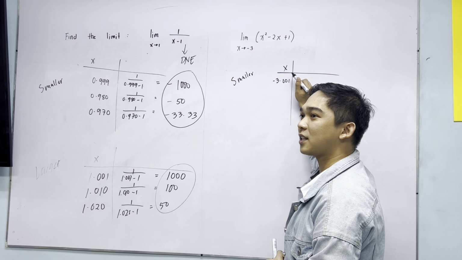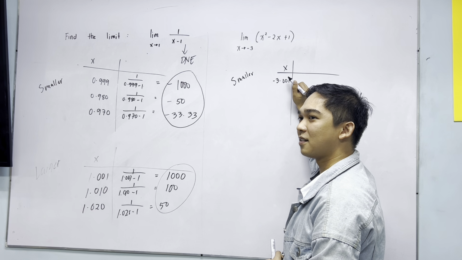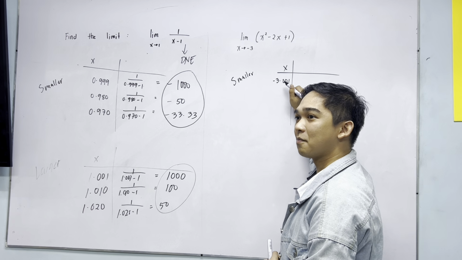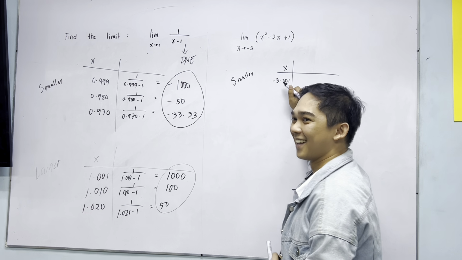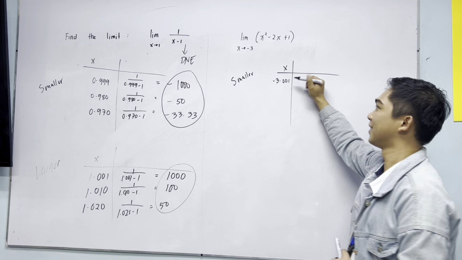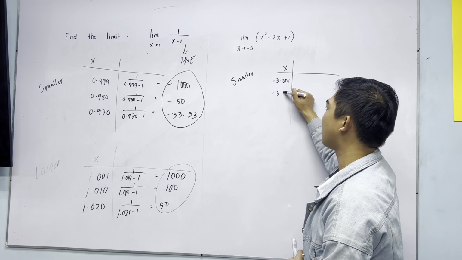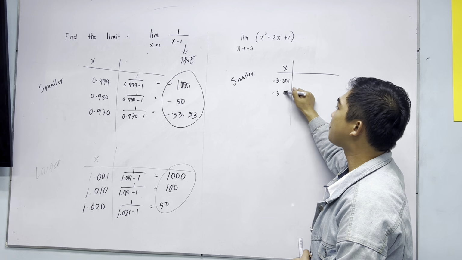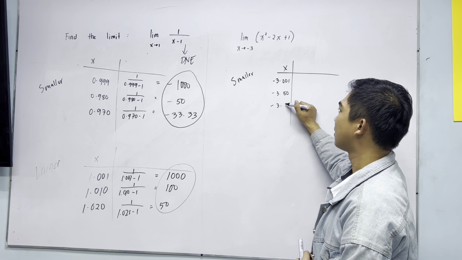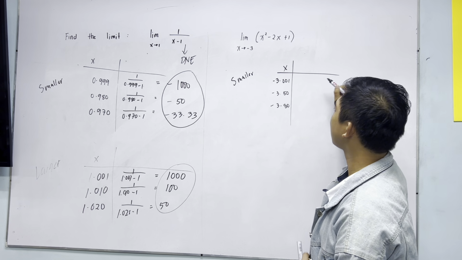Negative 3 or negative 3.001? Mas maliit ito. Next. Pwede bang negative 3.50? Sige. Huwag natin pahirapan ang sarili natin. Negative 3.1, negative 3.90, negative 3.80. Sige, try natin sa calculator.